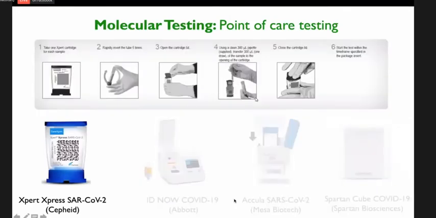Particularly the Xpert Xpress system, this one is the first to receive the US FDA clearance, and a large number of clinical laboratories have been using this system for a number of infectious disease diagnoses. Technically the procedure for this Xpert Xpress is very simple. We just need to apply a sample into the cartridge, and the cartridge is inserted into a machine or system, and the result can be available within 45 minutes.